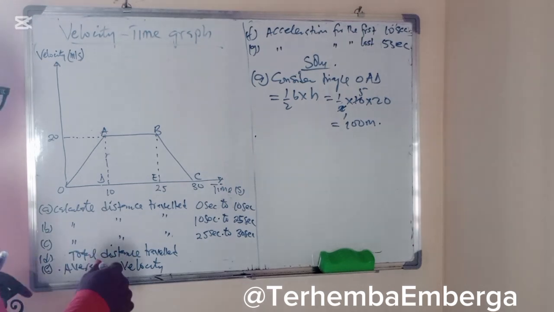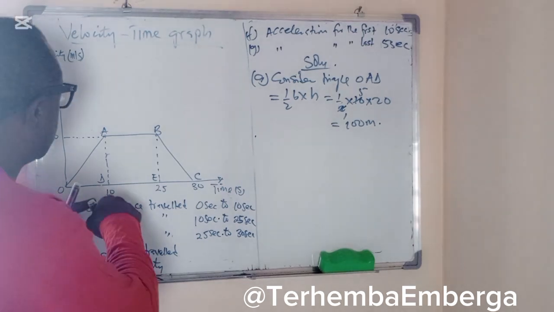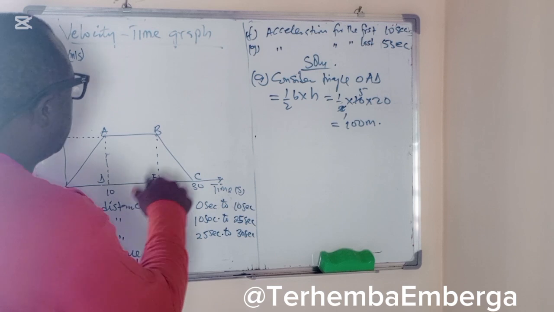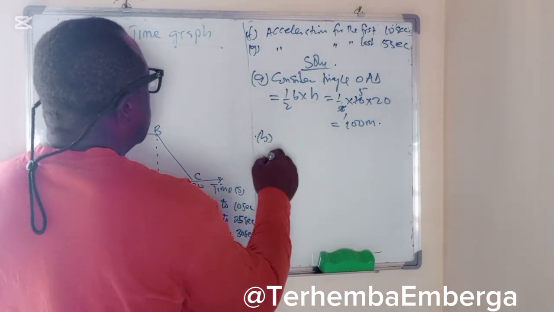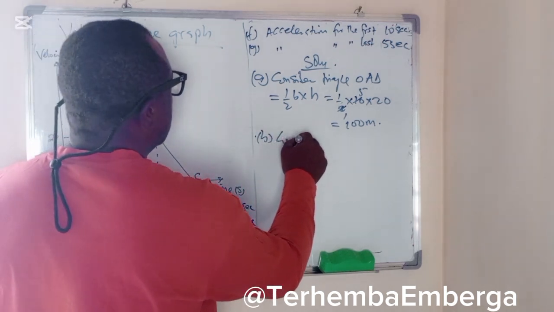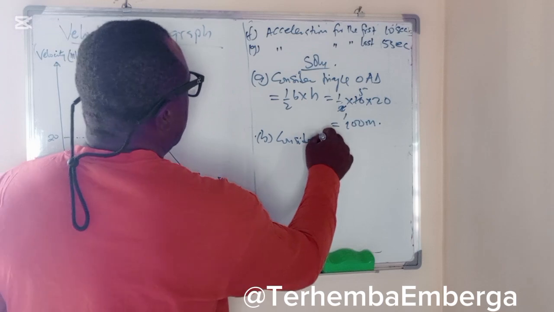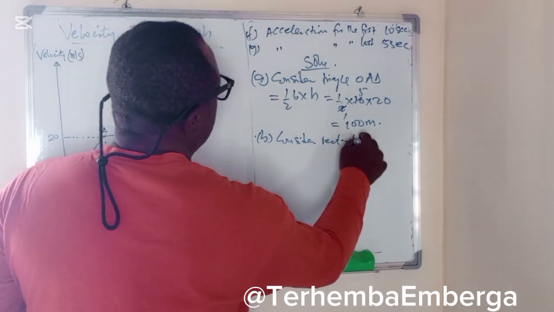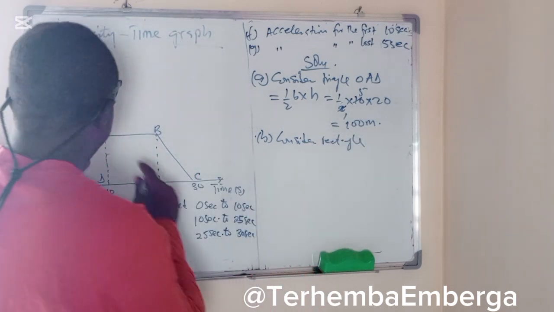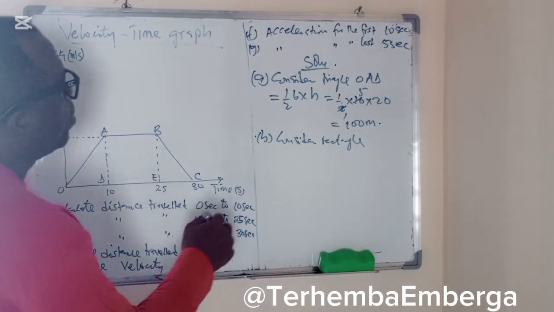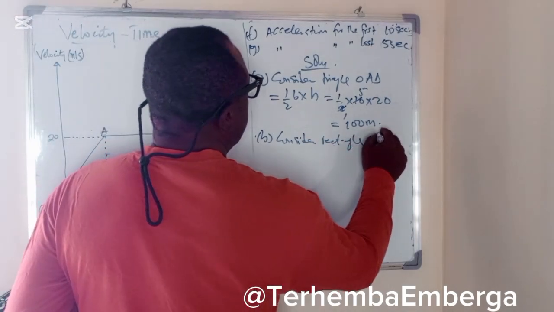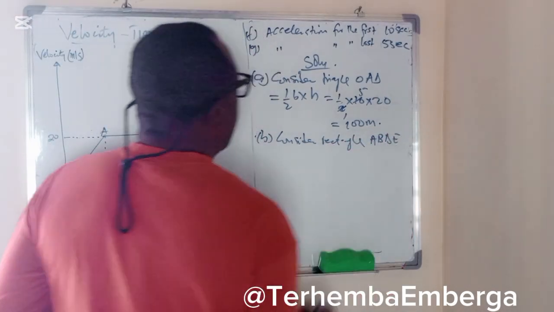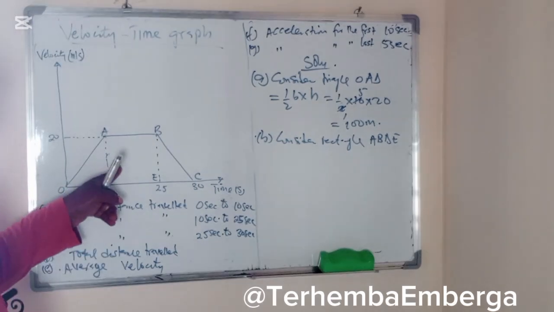The next one is the distance traveled from 10 seconds to 25. So consider the rectangle ABDE. What is the formula for calculating the area of a rectangle?